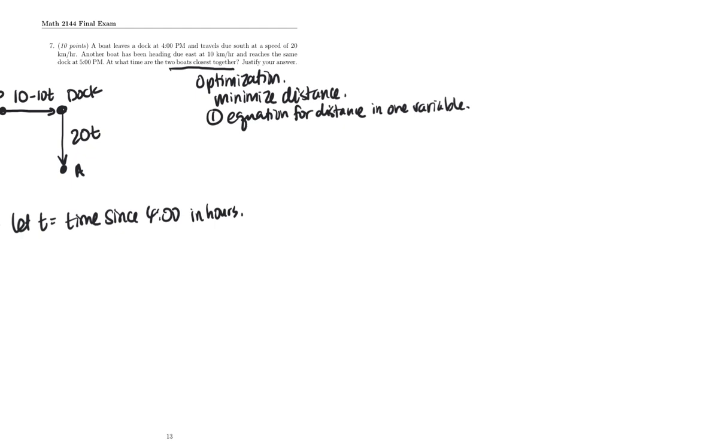Okay, so then I want this distance, that I'll call z. So I know that z squared is equal to (10 minus 10t) squared plus (20t) squared.